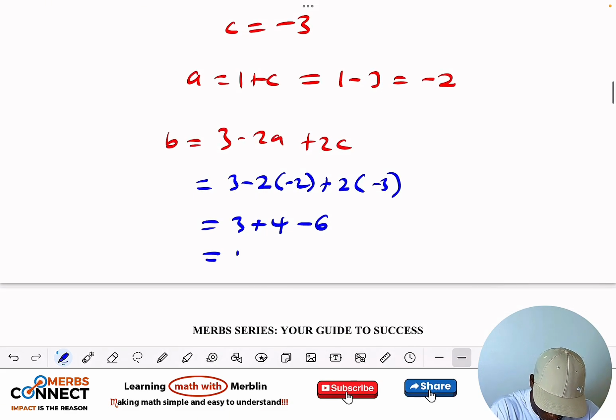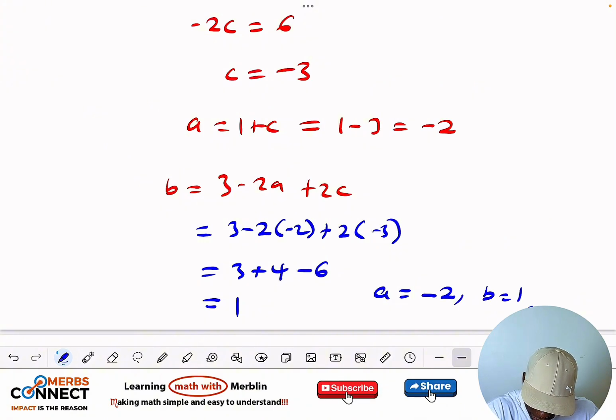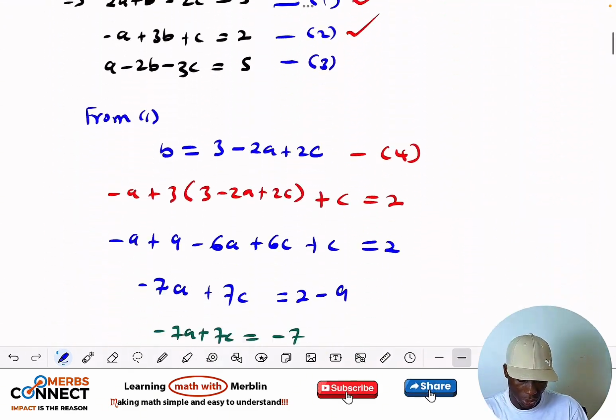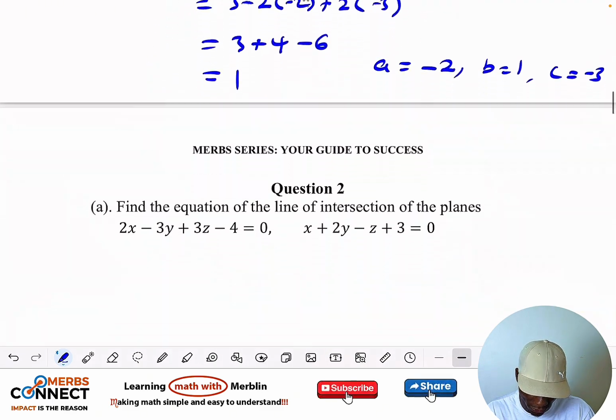And this is going to give us 1. Good. So now, indeed, our constant or our scalar a is equal to minus 2, b is equal to 1, and c is equal to minus 3. So that's what we are going to get for our functions. Right. So here, pay attention. When you are doing it, if you don't take care, you make some mistakes from there.